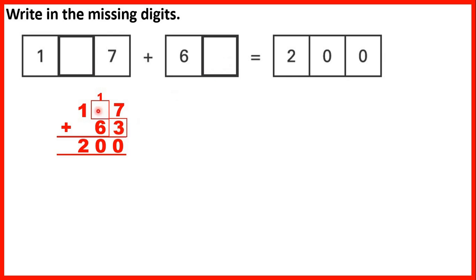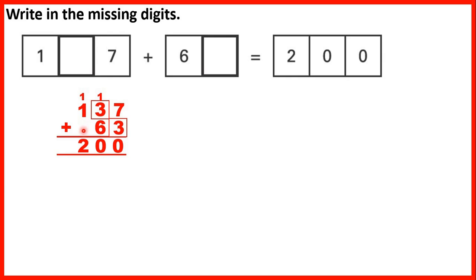And then onto our tens, we have 1 plus something plus 6 and a 0 in our answer. So again, we need this column to total 10. And 1 plus 6 is 7. 7 plus 3 is 10. So this missing digit here is a 3. Because 1 plus 3 is 4. And then 4 plus 6 is 10.